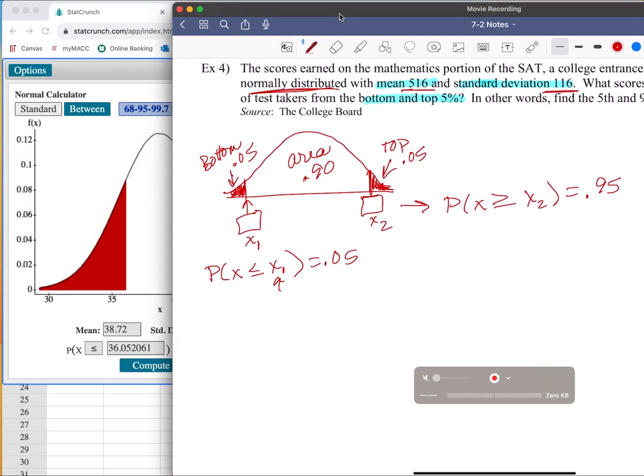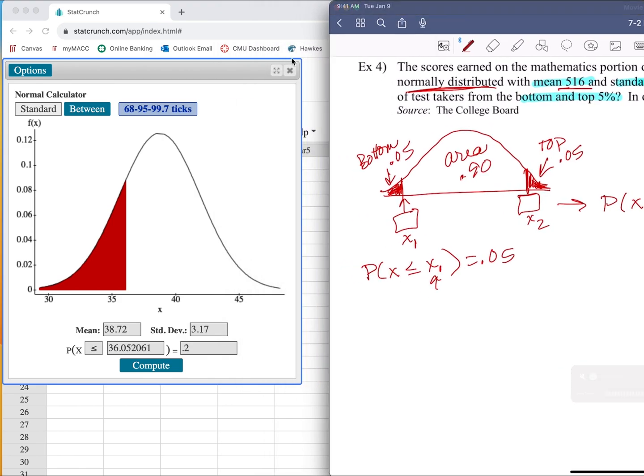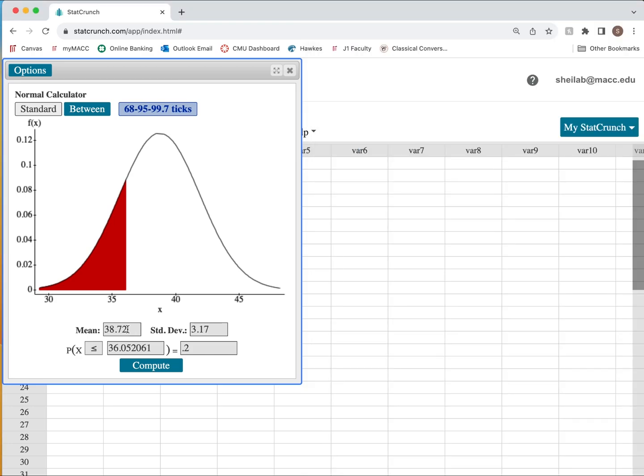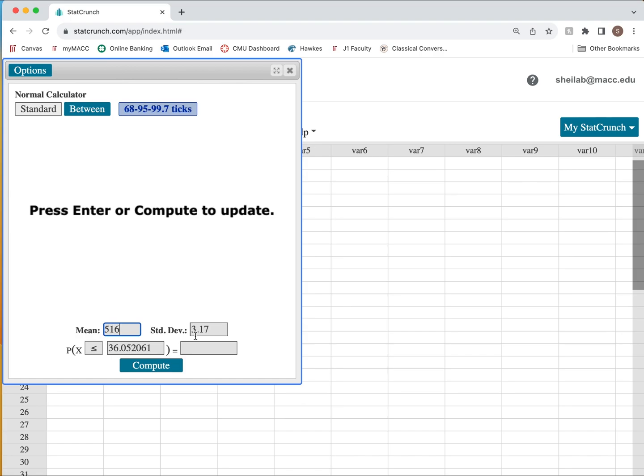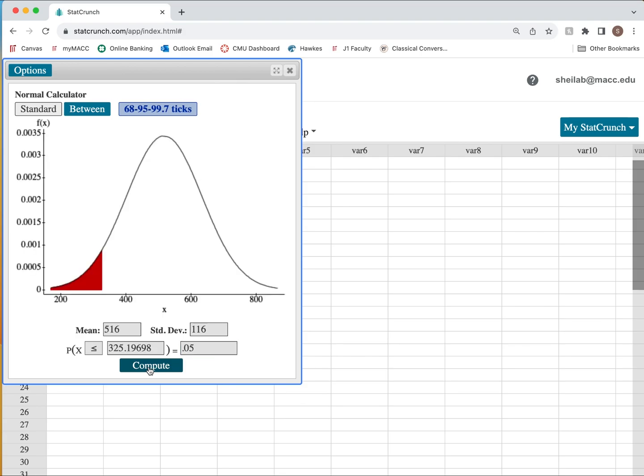Okay, so we want to change this up. We want to have our mean be 516. We want to have our standard deviation 116. And we don't know what's happening here, but we know that the area is 0.05 for 5%.